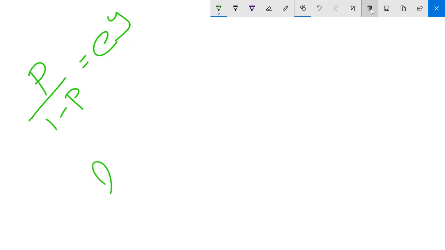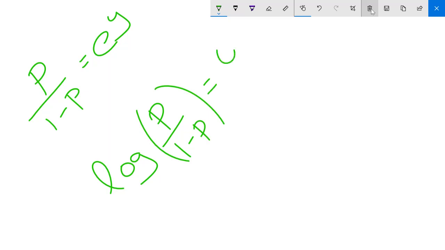Taking log on both sides, log of p by 1 minus p equals y.